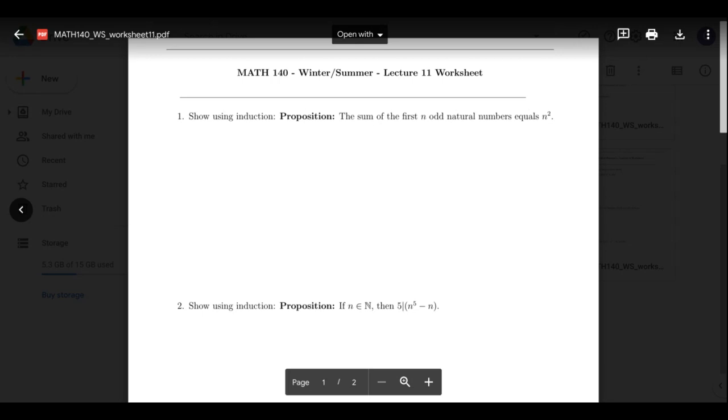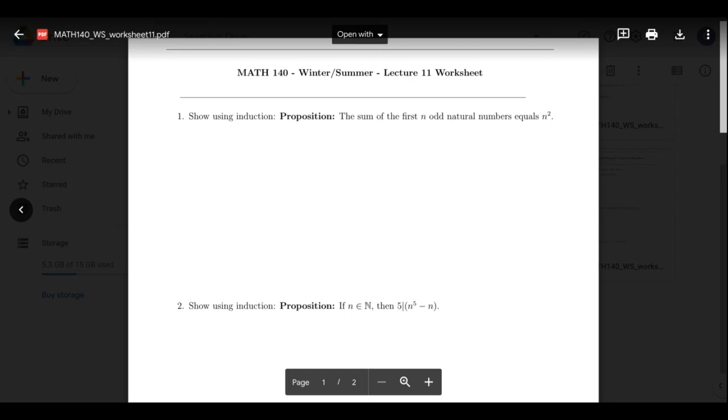Remember, P of 1 is a statement. P of 1 means n equals 1, 1 equals 1 squared. That's P of 1. P of 1 is a statement. It's if n equals 1, 1 equals 1 squared is true.